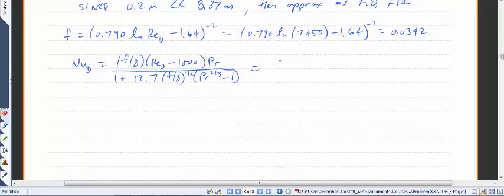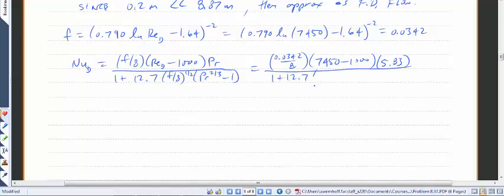So as we plug in these numbers, we get 0.0342 over 8 and 7,450 minus 1,000 times 5.83 divided by 1 plus 12.7 times 0.0342 over 8 to 1/2 power times 5.83 to the 2/3 minus 1. Plug these numbers in and you get 56.2 for our Nusselt number.